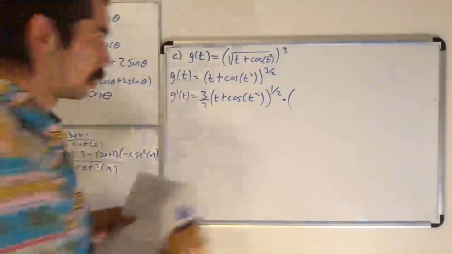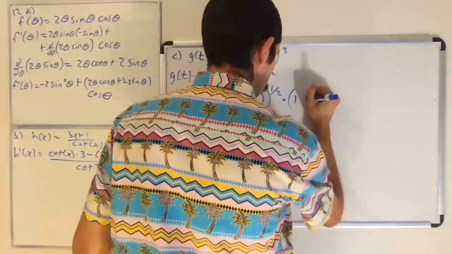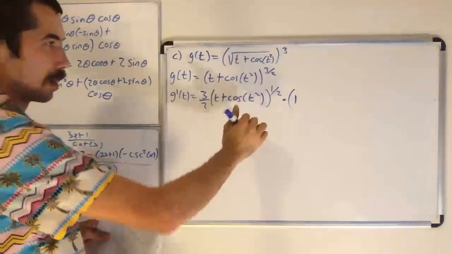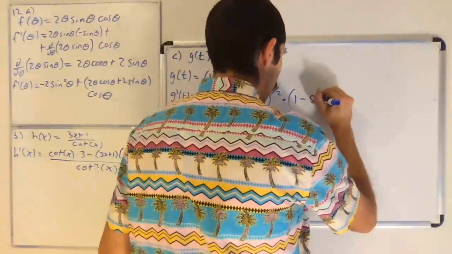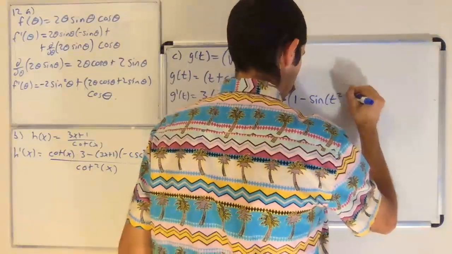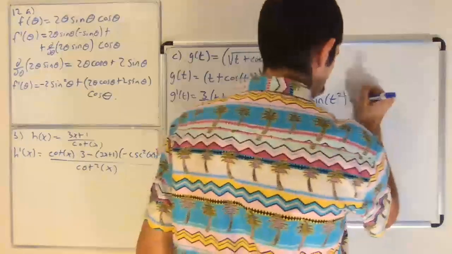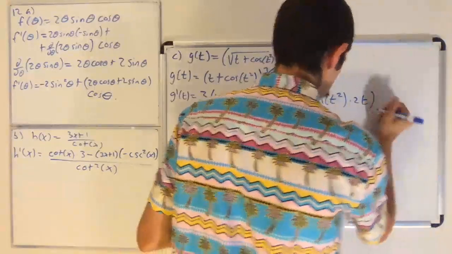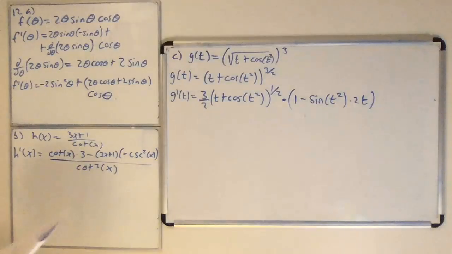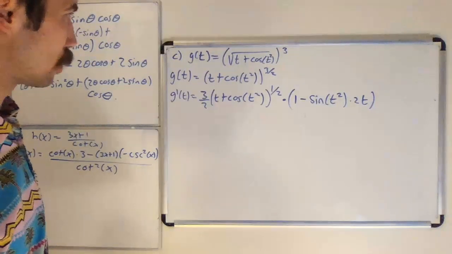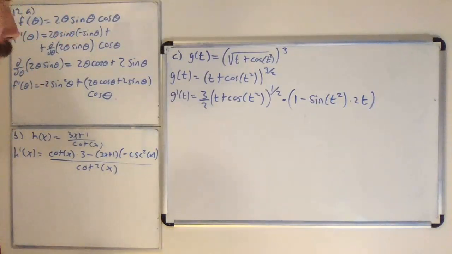It's 1 plus, well, the derivative of cosine of t squared is minus sine of t squared times the derivative of the inside, which is 2t. All right, so this just took the chain rule a few times, but again, it's really not that bad.